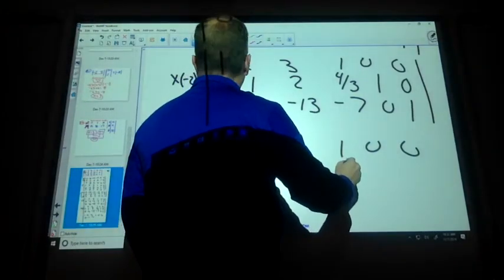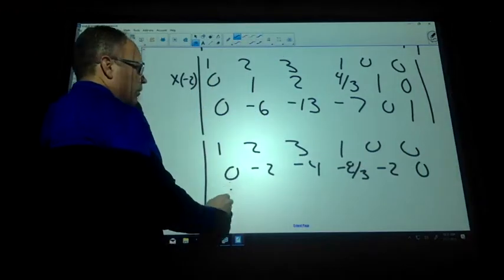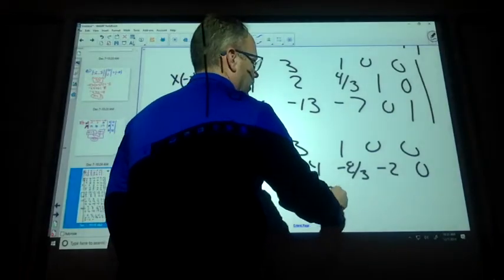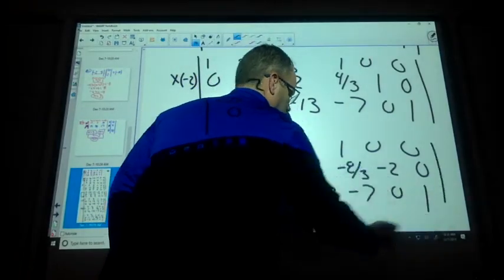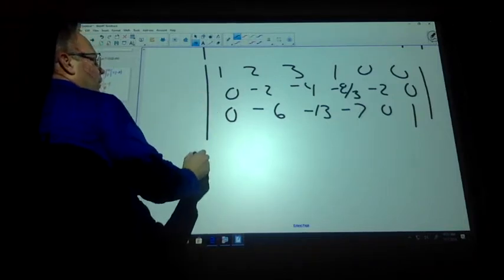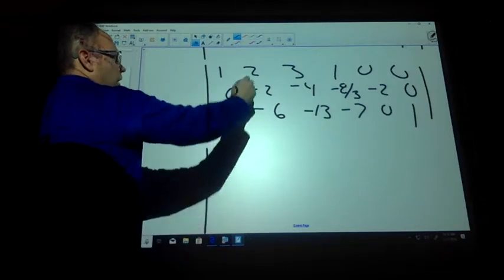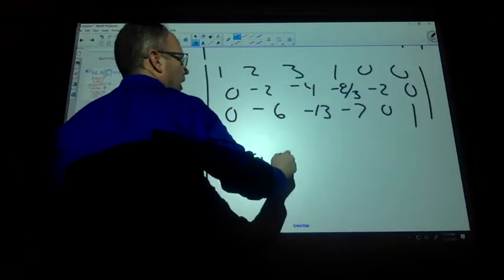-4, -8/3, -2, 0, 0, -6, -13, -7, 0, 1. Okay, so I'll add these rows together. So 0 plus 1 is 1. That's 0. That's -1.